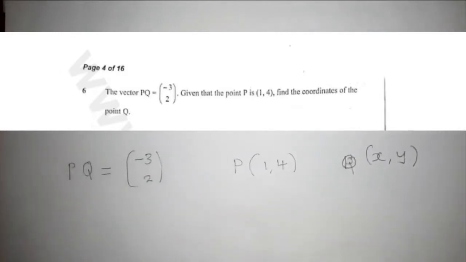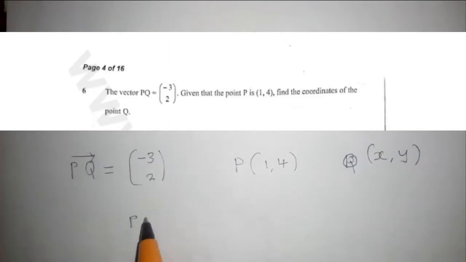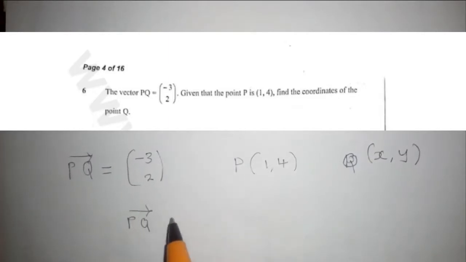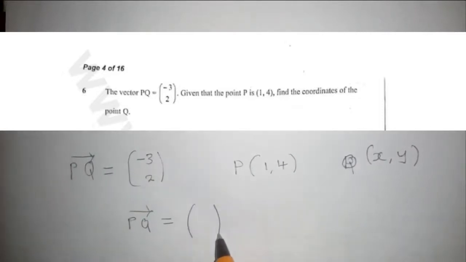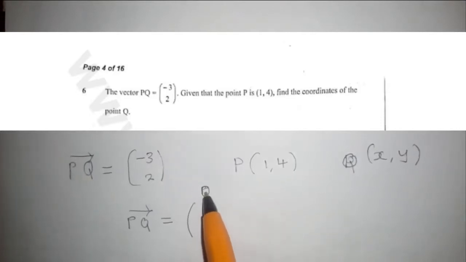So what we basically do here is to try and find vector PQ. If you want to find vector PQ, we'll say point P, point Q. Remember, we start with the letter which is to your right side.